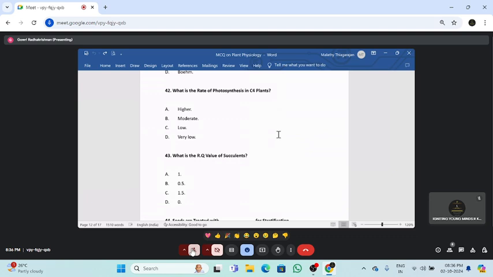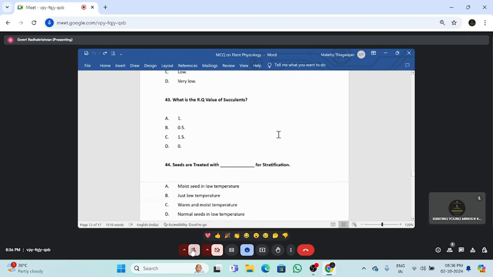It's higher. Option A. What is the RQ value of succulents? Option D, ma'am. Yes, respiration quotient is 0. Yes, correct.